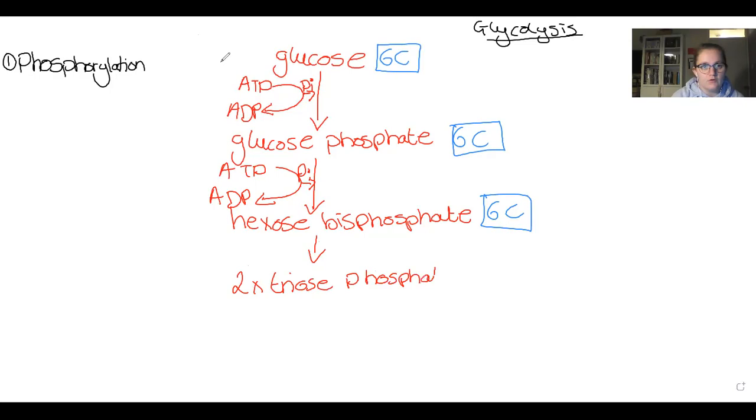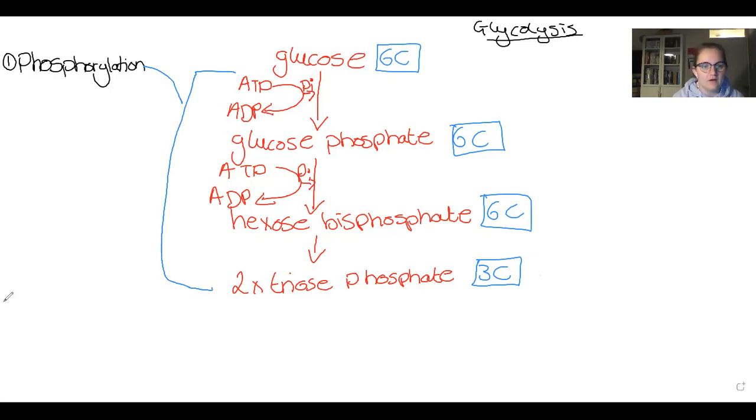Now, I'm going to write 3C here, because each triose phosphate is a 3-carbon molecule. And this whole section here is phosphorylation, because we've got phosphorylation here, and it splits.